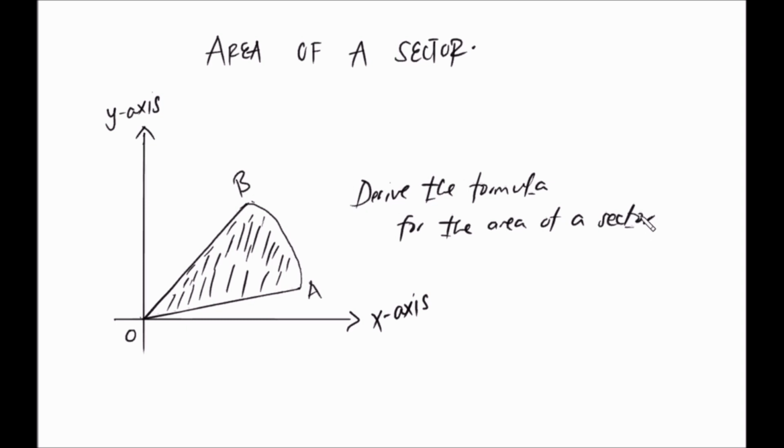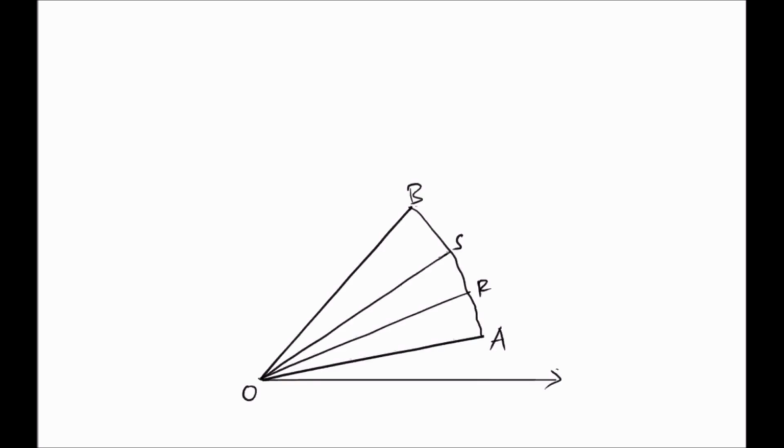So we are going to create a small sector inside that sector OAB called sector ORS, like this. So this is a sector OAB. I have enlarged it. So we now have this small sector ORS.